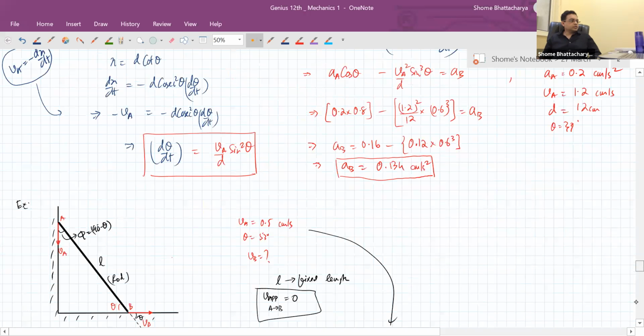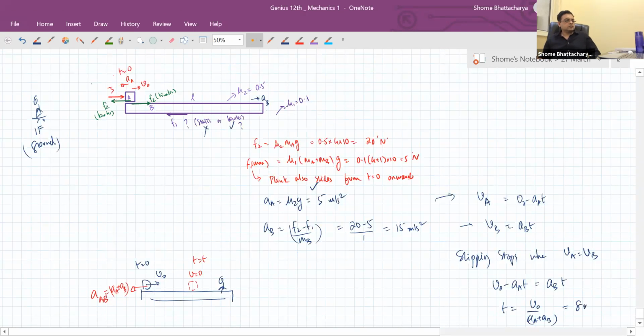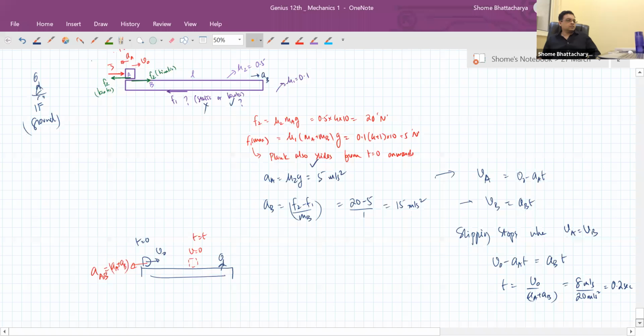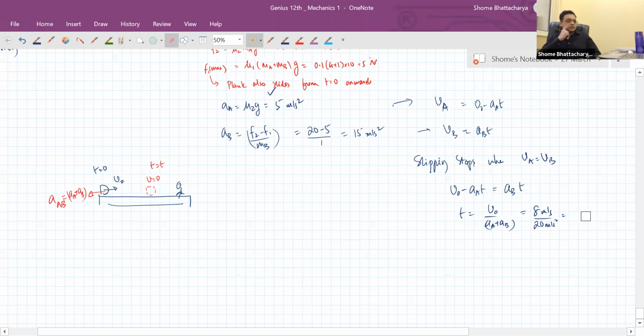So my v naught was 8 meters per second, and this relative acceleration is becoming 20 meters per second square. So 0.2 seconds. Oh, sorry. This will be how much? 0.4 seconds. Okay.